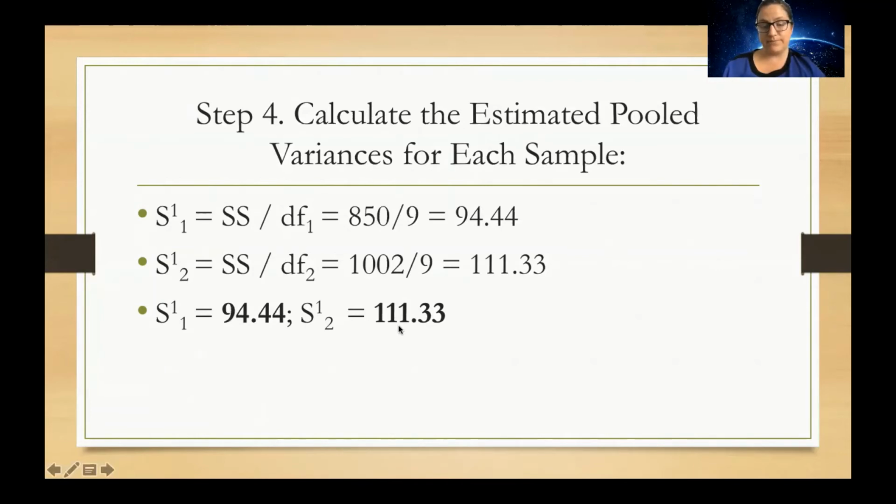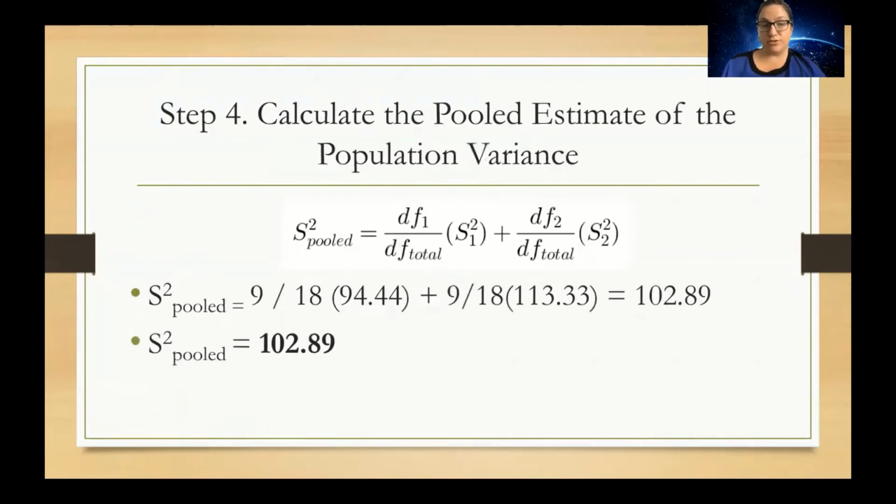Then you're going to find the pooled estimate of the population variance. Basically you're finding an estimate of the two different population variances, and you're going to use that to calculate your t-statistic. The formula's up here. It's the degrees of freedom for the first sample over the degrees of freedom total times the estimate of the population variance for that sample, and then you do that for the second sample as well.